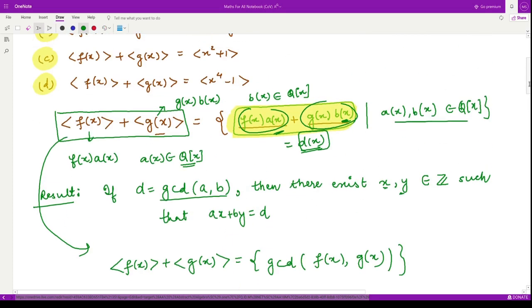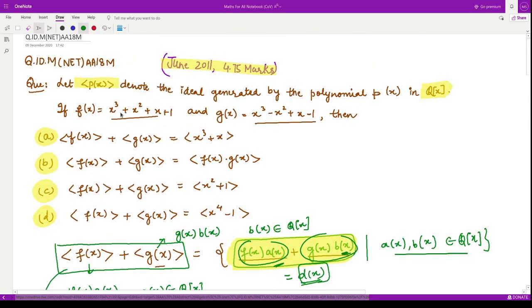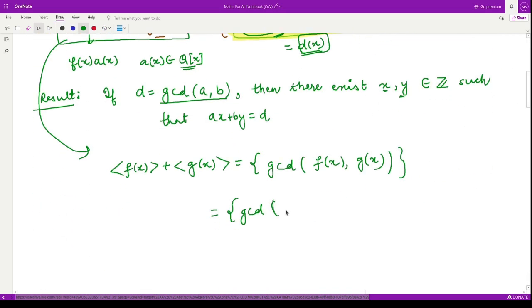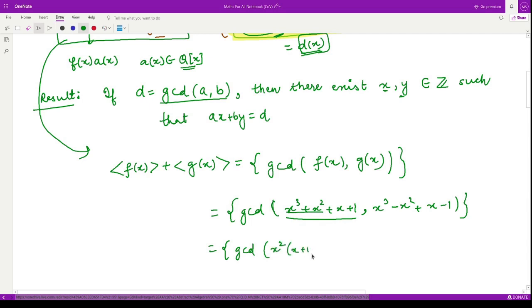What is f(x)? It is given to be x cube plus x square plus x plus 1, and g(x) is x cube minus x square plus x minus 1. We can factorize these. In the first polynomial, from the first two terms we can take x square common, giving x square times (x plus 1), and then the remaining terms.